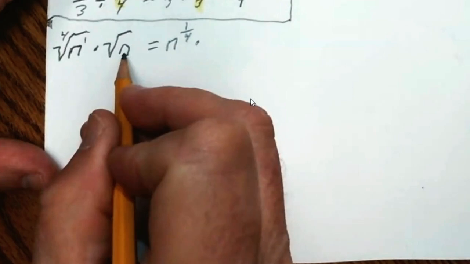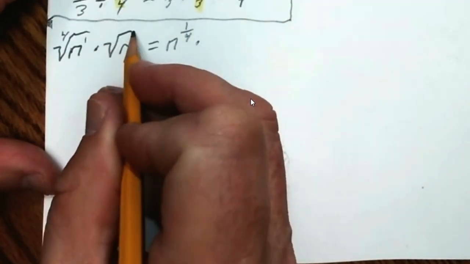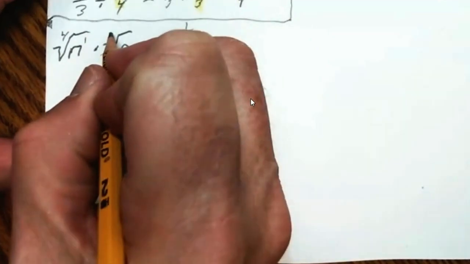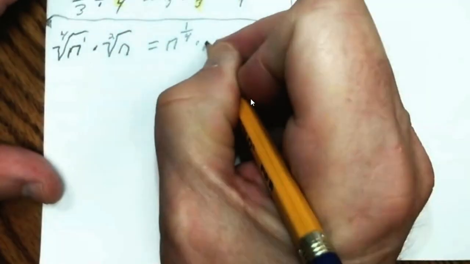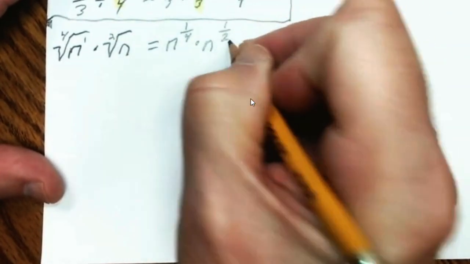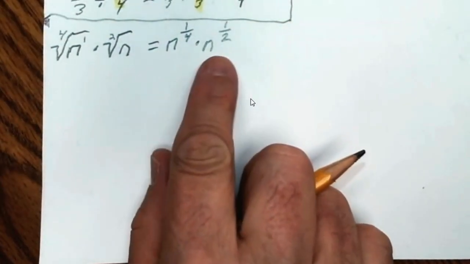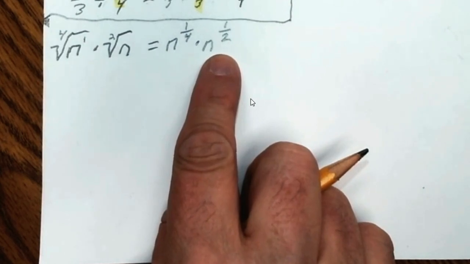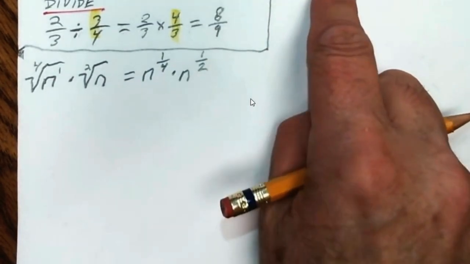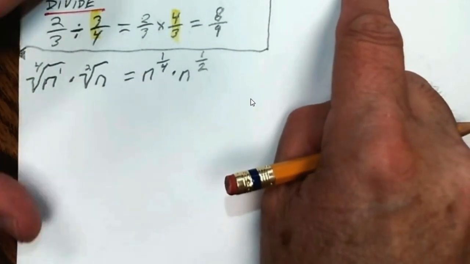Times, and this is n to the, what's the number outside here? If there's no number, that's automatically assumed to be a 2 because it's the square root. So that's n to the 1/4 times n to the 1/2. Well, we know by multiplying we can add those together.